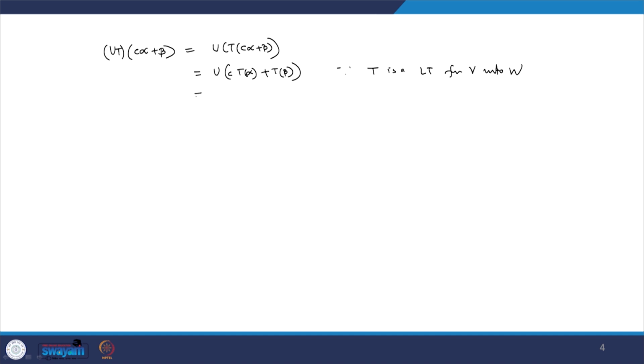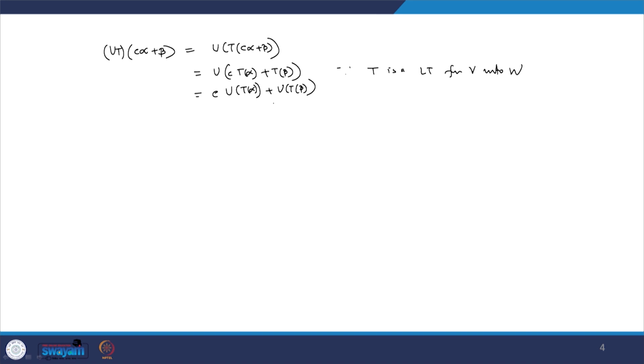So, now T alpha is an element in W and U is a linear transformation from W into Z. So, I can write this is equal to C times U of T of alpha plus U of T of beta.